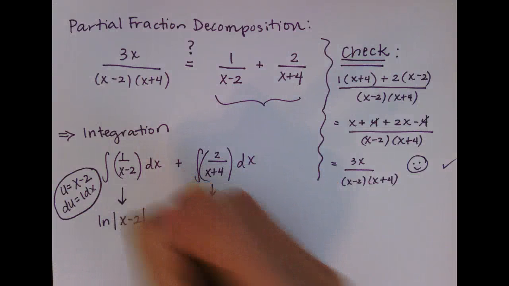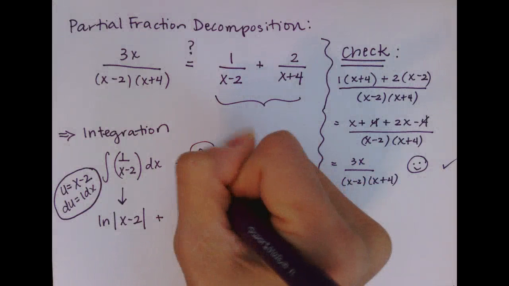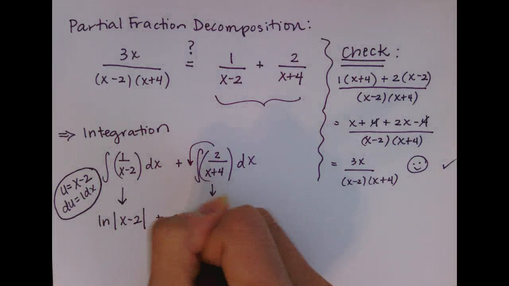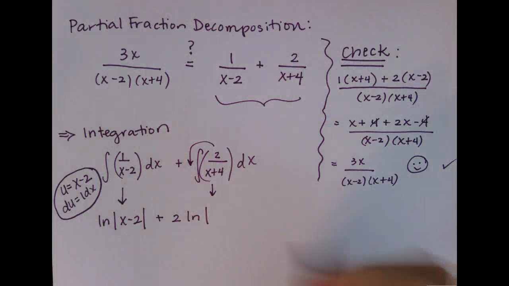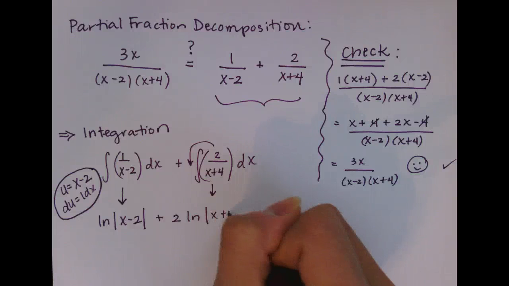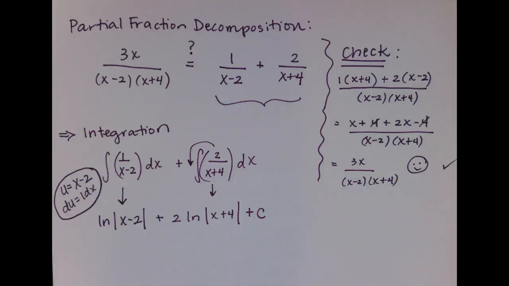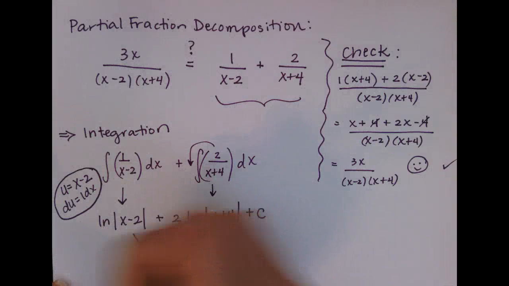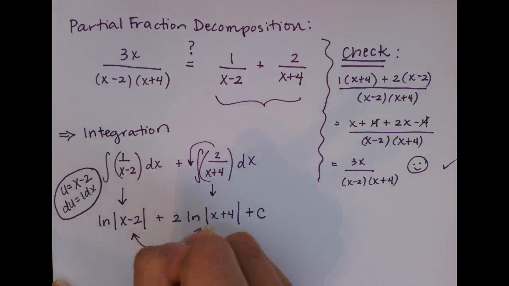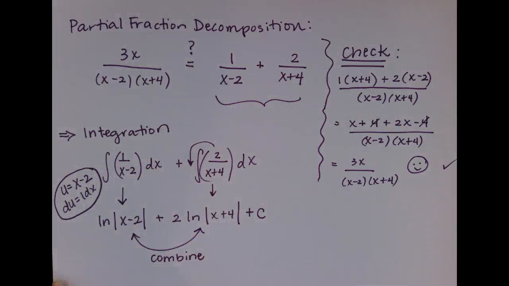Over here, this is the same thing, except that we can pull out that constant of 2 if we want. So it's going to be 2 times the natural log of the absolute value of x plus 4. And of course, it's an indefinite integral, so that gives me plus c. I can use log properties to combine the two terms of my answer.